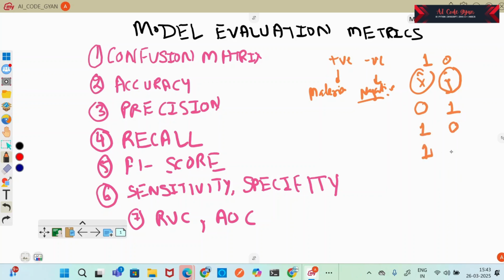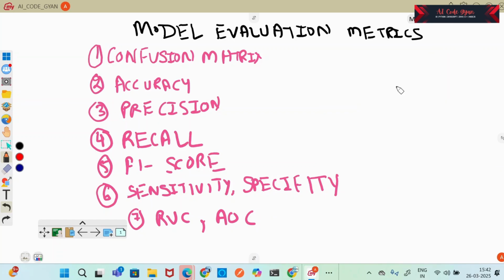Predicting 1, it is actually 1. Predicting 0, it is actually 0. So we have around 7 patient data sets. Now let us draw the confusion matrix and see how this works.